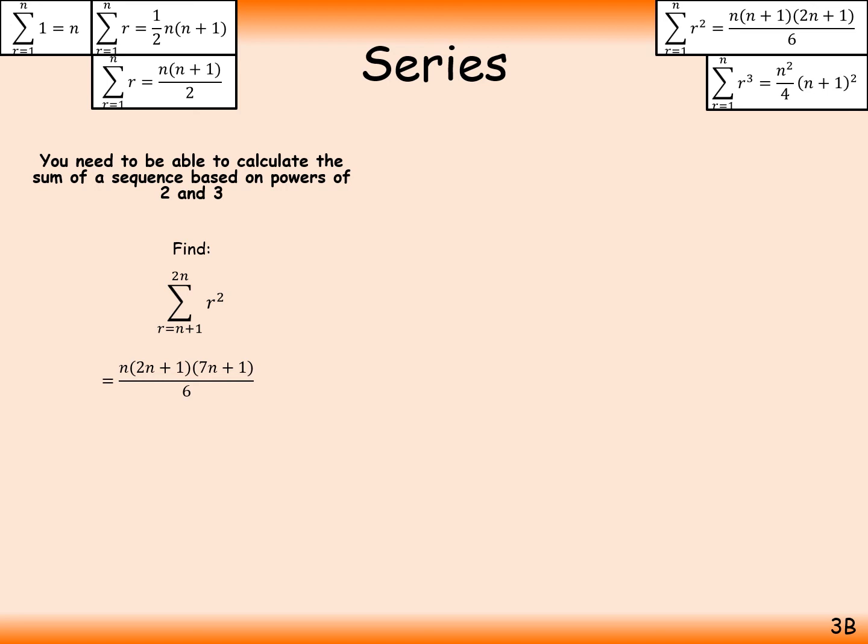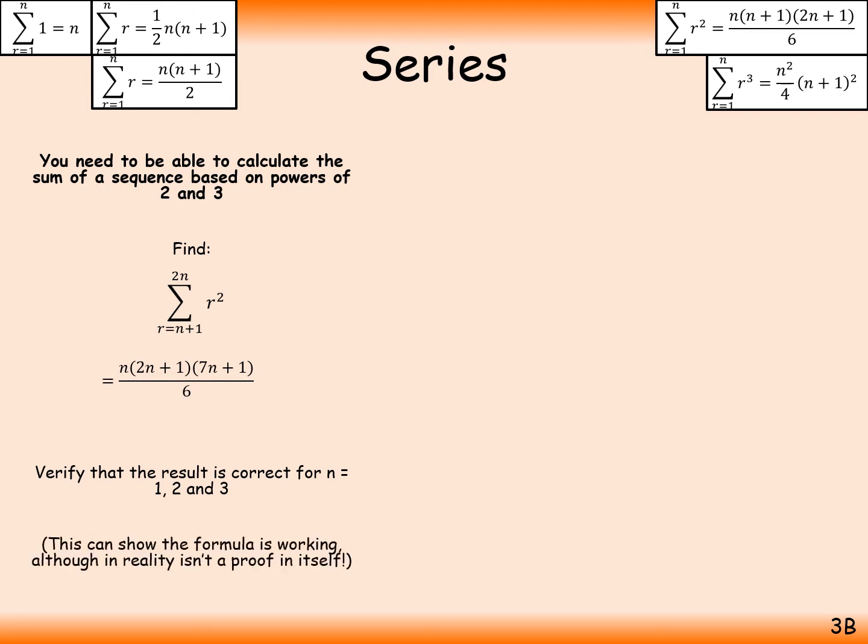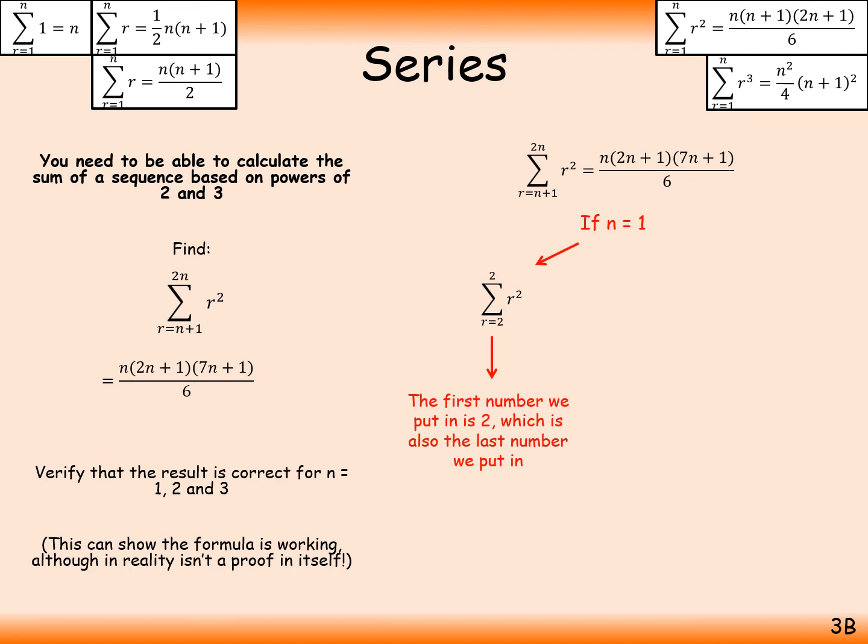So now it says find, and you're given this, verify the result is correct for n is equal to 1, 2, and 3. So as we've got the formula now, if we replace n equal to 1, on the left hand side, the first number we put in is 2, which is also the last number we put in.